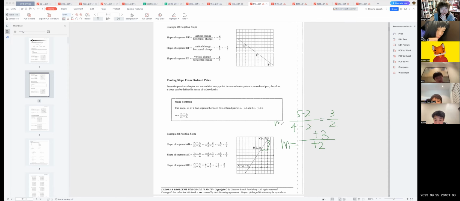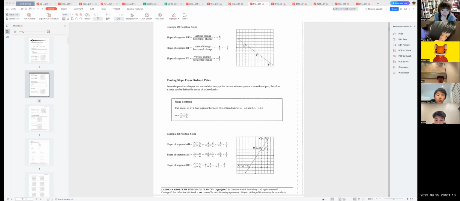3/2. Get it, everybody? If you're short of time, Oliver and Kevin, and you want to check if your number is right, you can just count 1, 2 because it's positive 2, and 1, 2, 3 is positive 3. So 3/2 is m. Okay. If you're counting backwards, it's negative, and if you're counting down, it's negative.